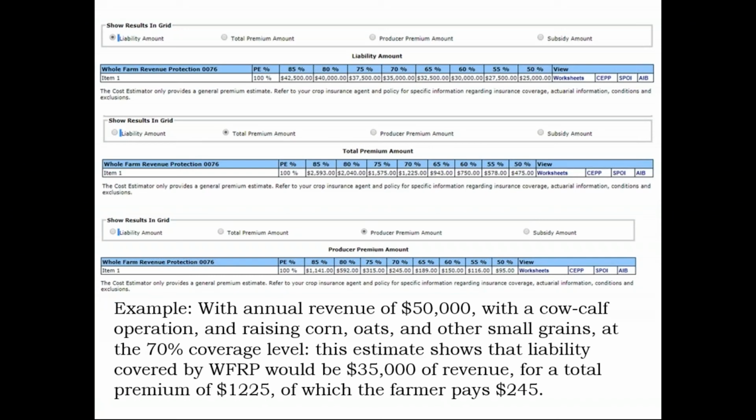I know everyone was hoping that I would, but one of the basic takeaways is that this is almost a back of the envelope calculation. With an annual revenue of $50,000 from a cow-calf operation raising corn, oats, and other small grains, if I chose a 70% coverage level, this estimate shows that the liability whole farm would cover would be $35,000 of my revenue, and the total premium for that policy would be $1,225, and I would be responsible for $245, because the difference would be subsidized.